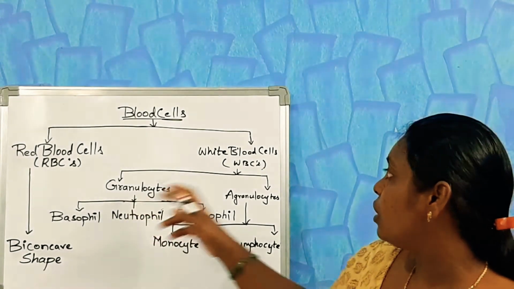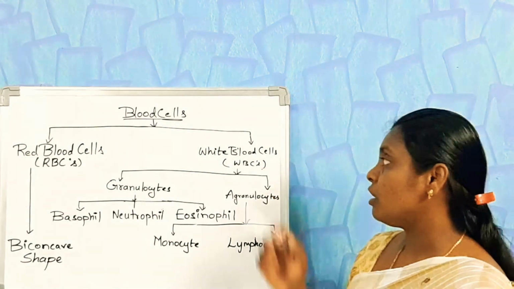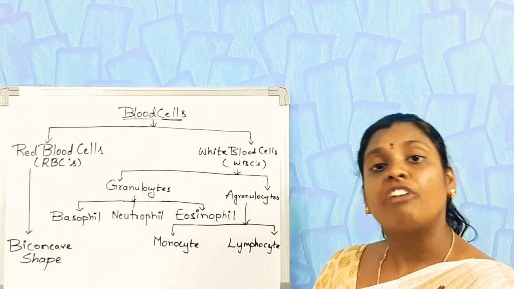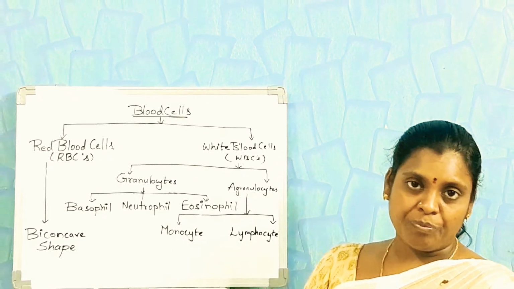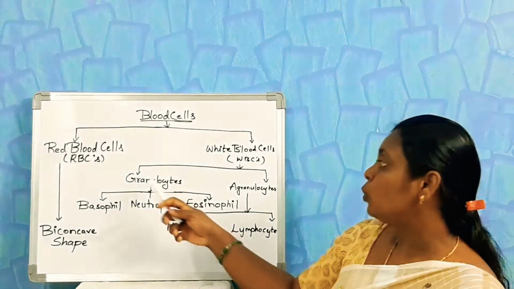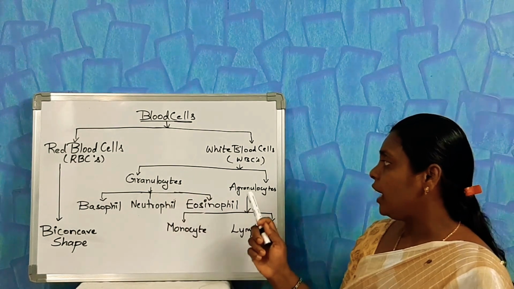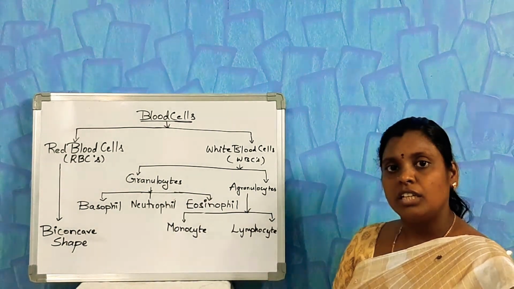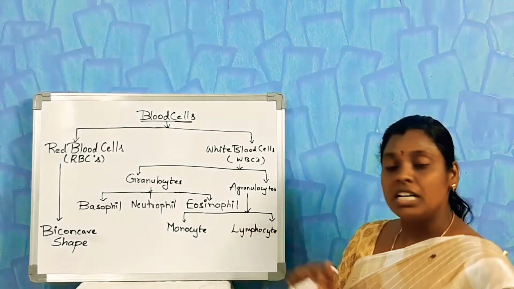Next, if you observe the white blood cells, the main function of white blood cells is to fight against disease causing germs. These white blood cells are again of two types, granulocytes and agranulocytes, depending upon the presence of granules in the cells.